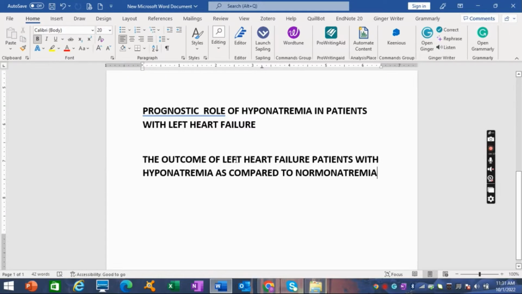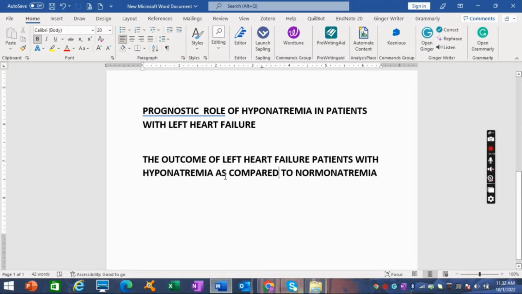Now look at this second statement, in which again I have left heart failure as my P. Left heart failure patients, this is my P. And where is my I? Here is hyponatremia. This hyponatremia again is my I, intervention.